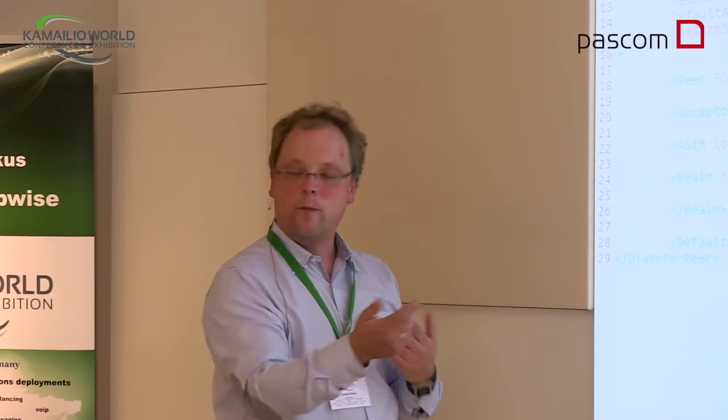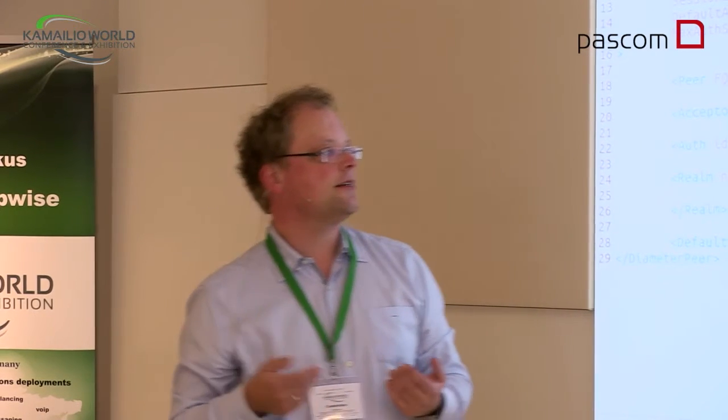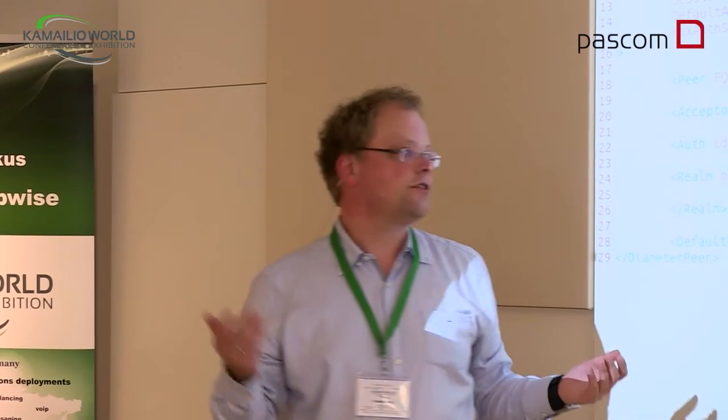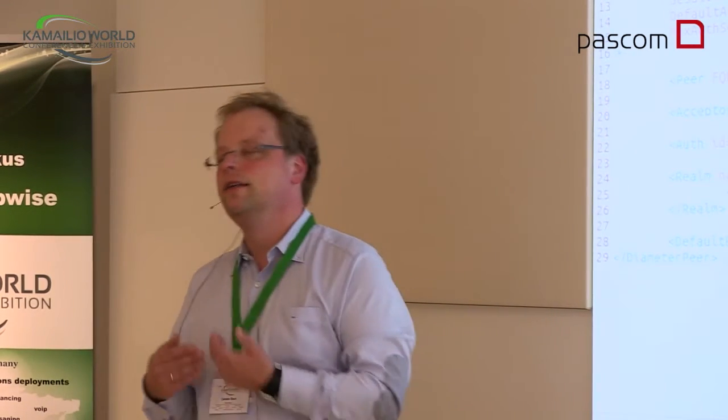So if I want to do a Cx/Dx request, give me your Cx/Dx request. On the other hand, if I have a second peer, which I only use for charging, that peer would answer me, okay, I'm supporting the online charging. So in this way, you have different peers negotiating with each other what applications are supported.